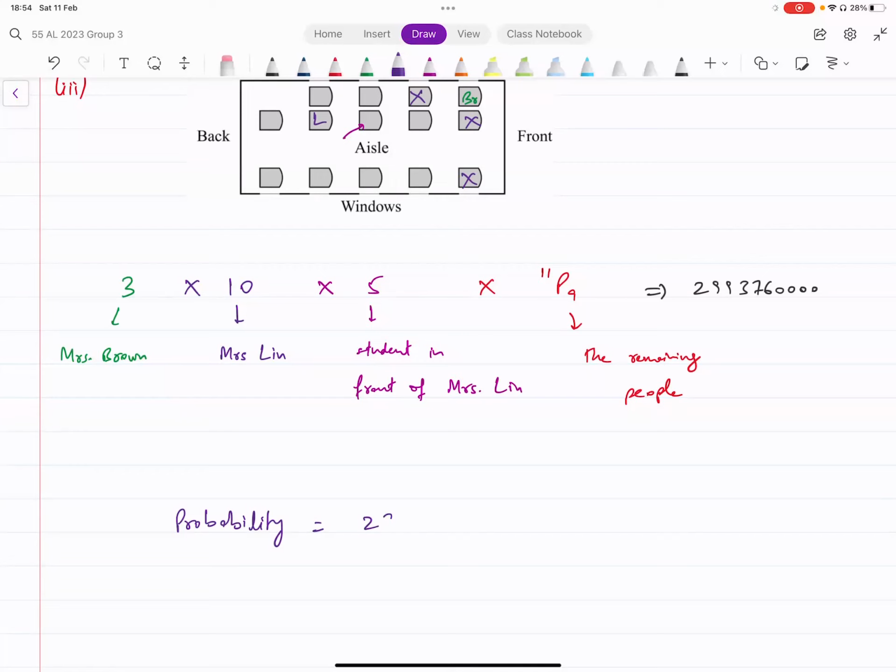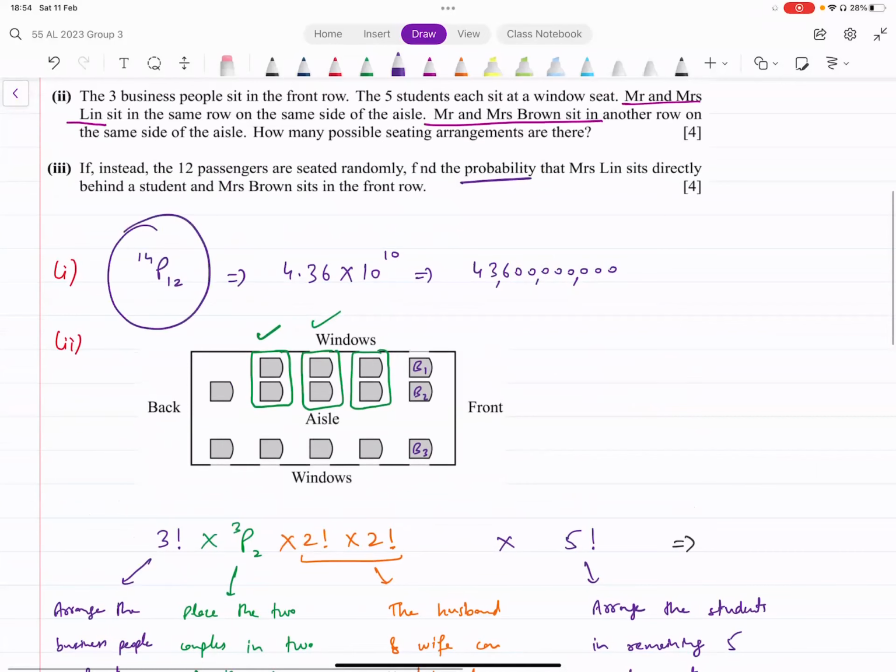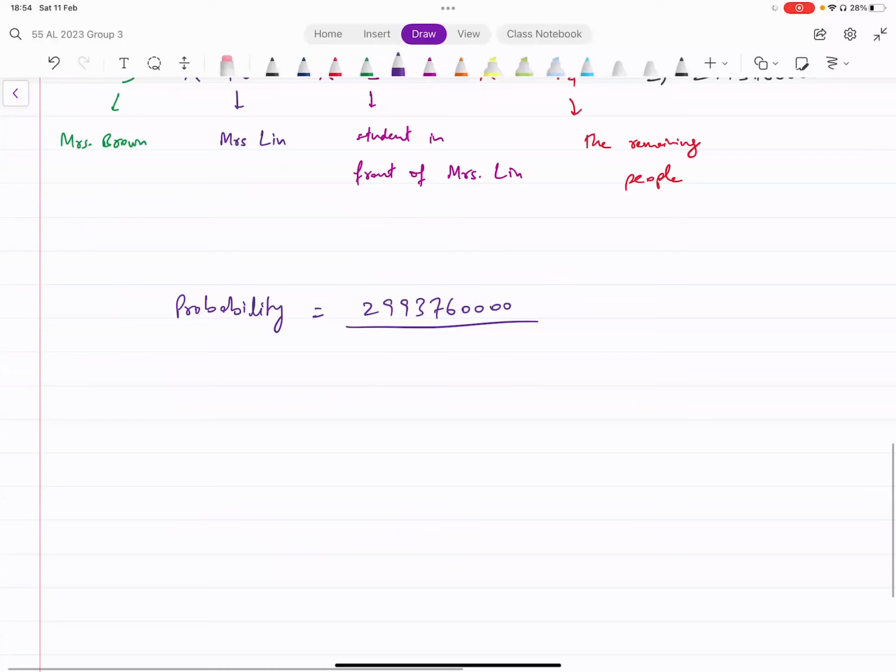In the numerator, 299,376,0000. In the denominator, you have total possible outcomes, जहाँ पे कोई भी restriction नहीं थी. That was 14P12. आप बेशक वही डायरेक्टली डाल दें कैलकुलेटर में, and that is going to give you the probability. या देख लें आपको क्या मिलता है. 0.0687.